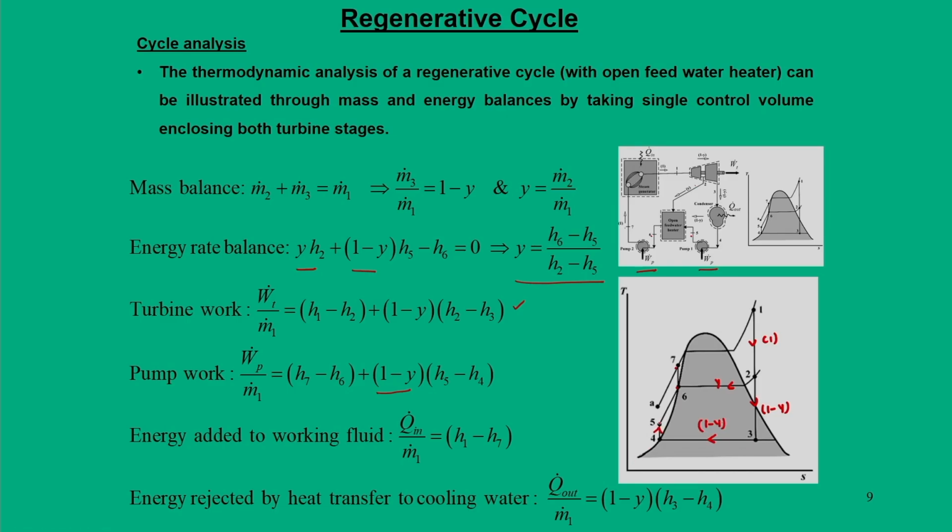So, in the first pump it goes to state 5, then it mixes with state 6 and finally it becomes 1 unit again and goes to 7. So, thereby pressure as well as temperature is increased in a regenerative cycle with open feed water heater arrangement.